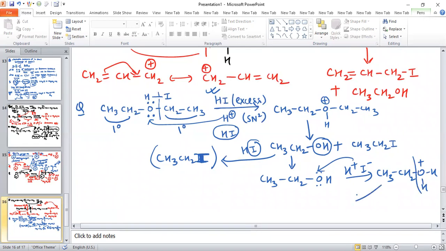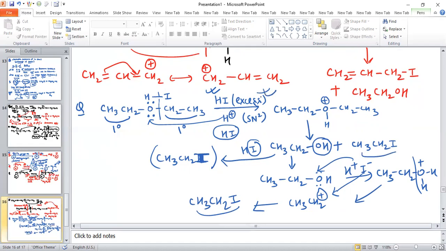So it will form CH3CH2 positive. Now this I minus will attack, so the product formed is CH3CH2I. So only this product is formed when HI is used in excess amount.